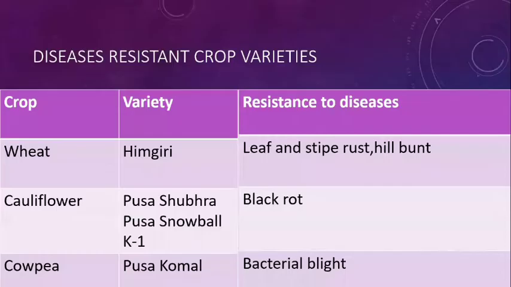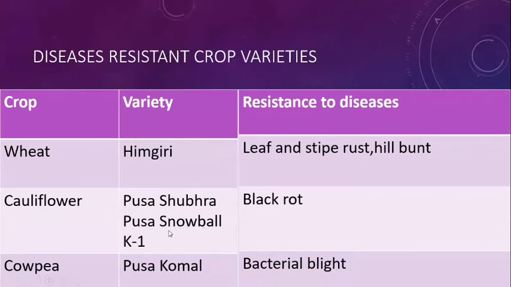First one, wheat. The variety, Himgiri, is resistant to the diseases leaf and stripe rust. Second, cauliflower. The new varieties developed by plant breeding are Pusa Shubhra and Pusa Snowball K1.